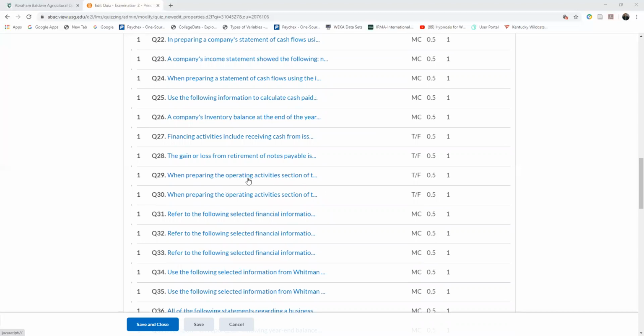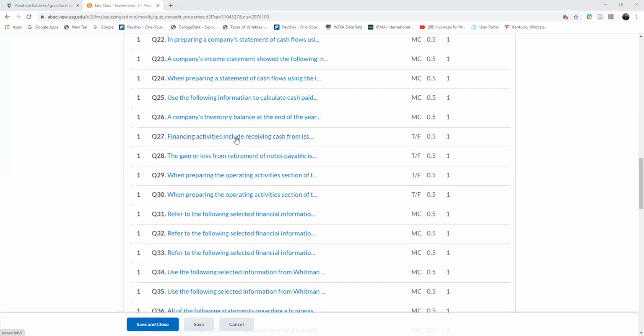So when preparing the operating activities section, that's the first section of the statement of cash flows. And on that statement, what you're going to see is net income and then changes to assets and liabilities, current assets and current liabilities. And so those kind of things will give you the statement of cash flows.